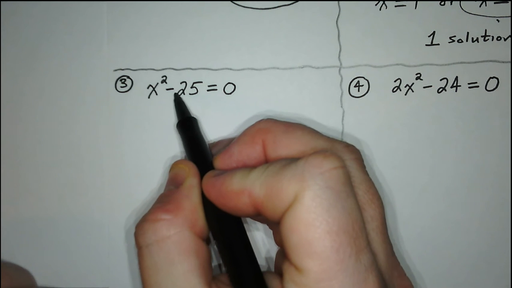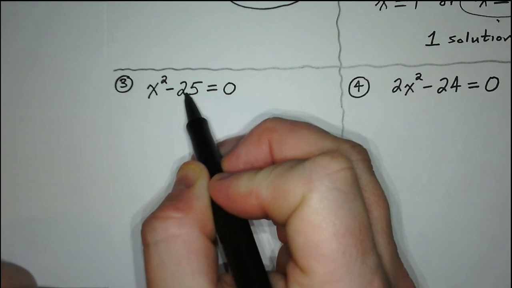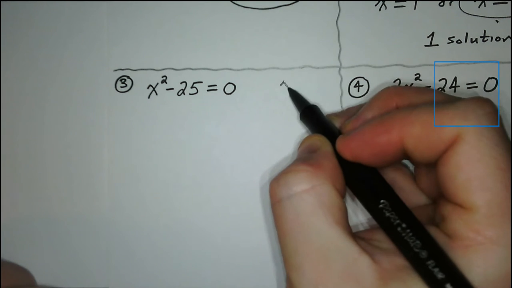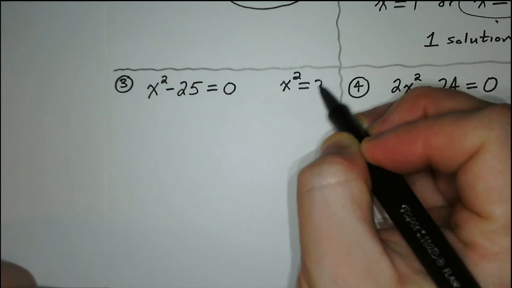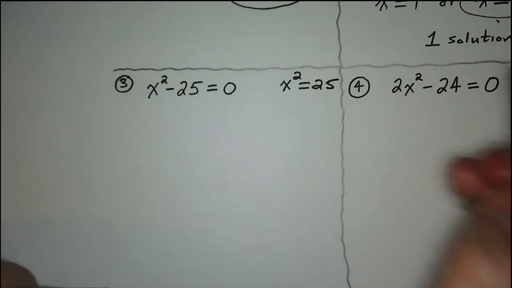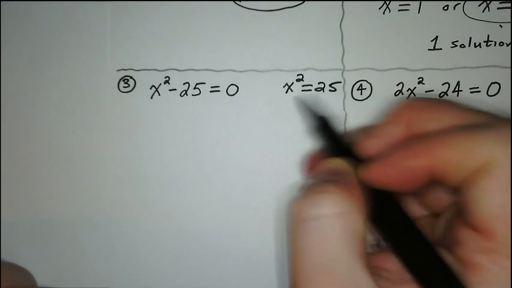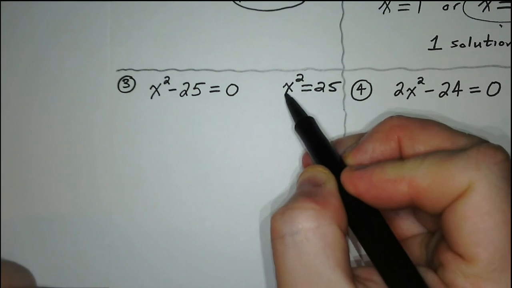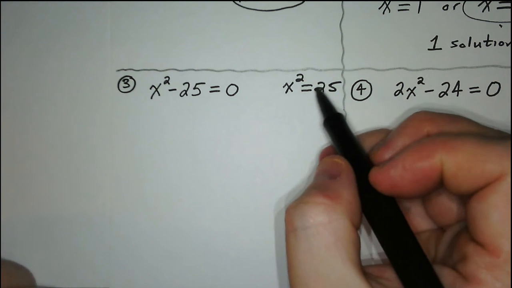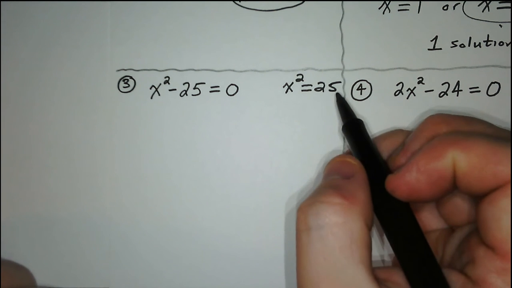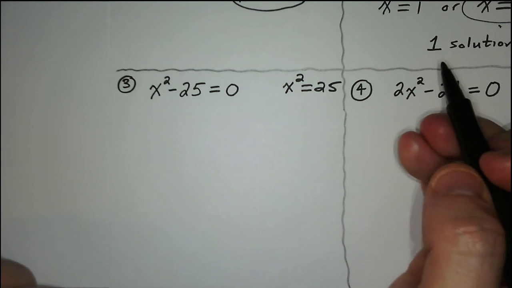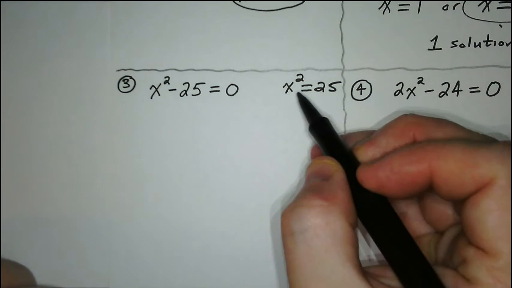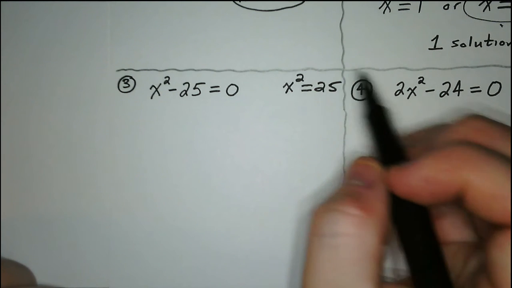If you moved this term to the other side, you would have x squared equals positive 25. And now you know, well, 5 squared works, and so does negative 5 squared. So you already know the answers are probably 5 or negative 5.